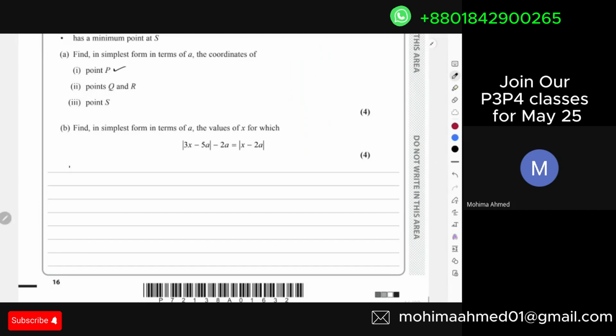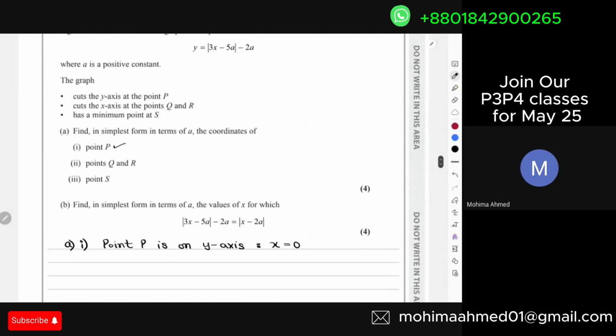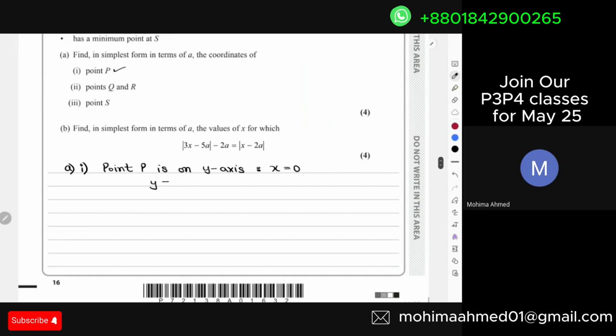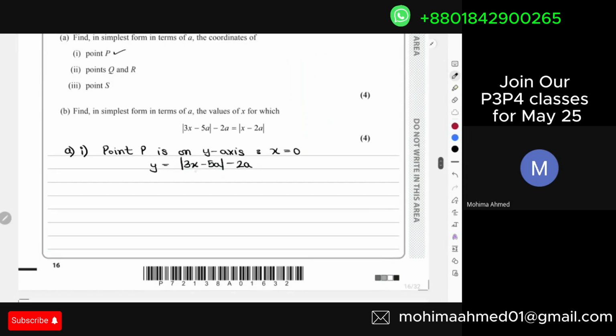So we can write, for part A1, point P is on the y-axis, so at this point x is always equal to 0. If x is 0, then in your equation, we had 3x minus modulus of 5a, minus 2a, right? So this 3x will be entirely 0.